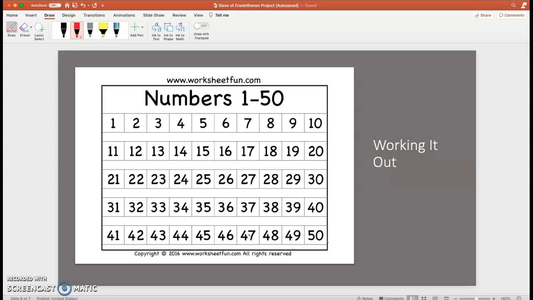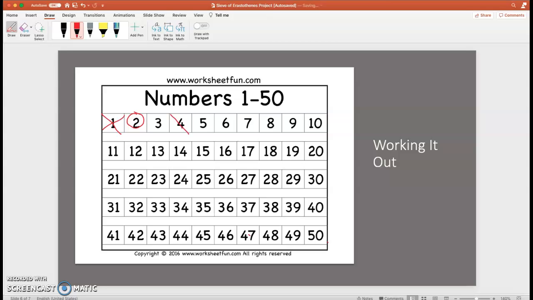Here we have a number chart that ranges from 1 through 50, and first we'll cross off 1 as it is neither a composite nor prime number because it has only one divisible factor. Now we will circle 2 to signify it as a prime number, and we will start from p squared, which is 4.